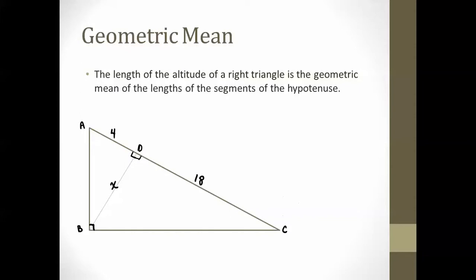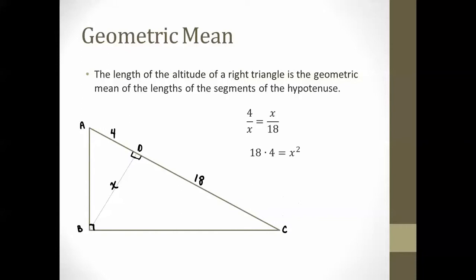The length of the altitude of a right triangle is the geometric mean of the lengths of the segments of the hypotenuse. So what this means is 4 over x, and just realize that's short leg over long leg of the small triangle, equals x over 18. That's short leg over long leg of the medium triangle.